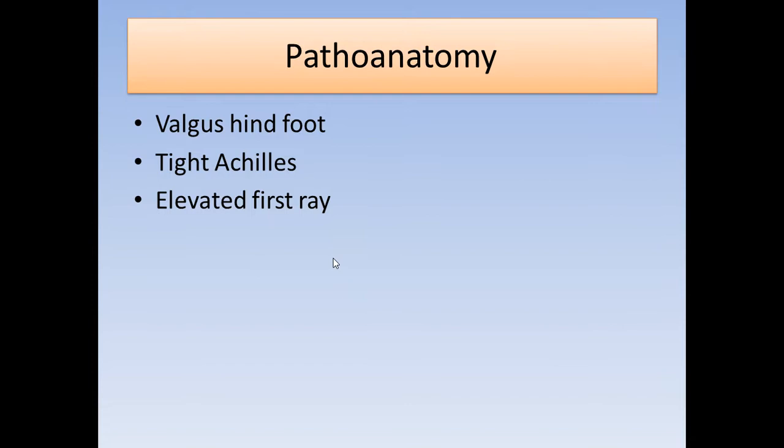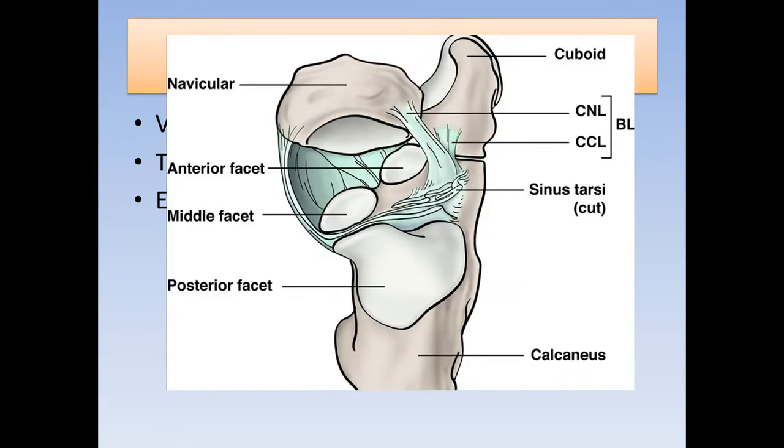And also for the reverse, the pes cavus. If you know the sequence here, you will predict it in the pes cavus. So I want you to know this picture.